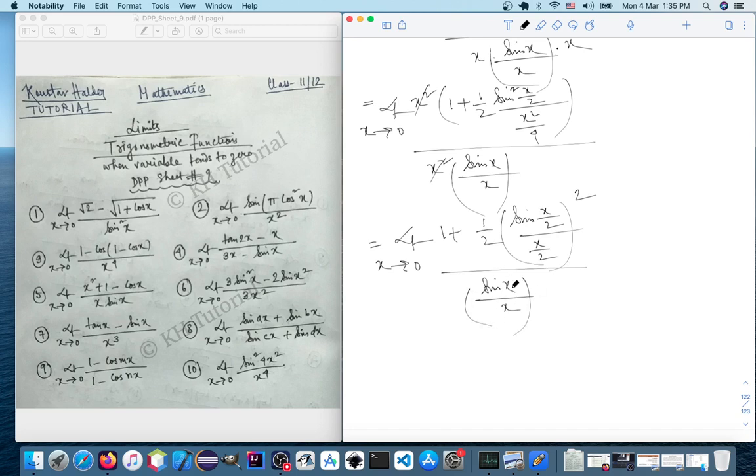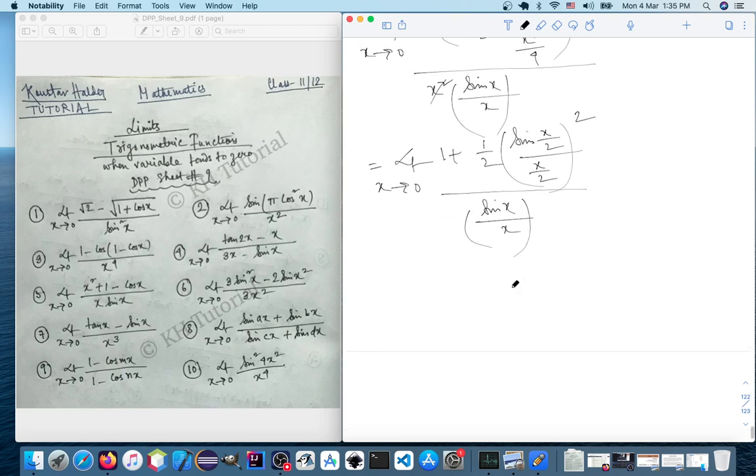Now we can apply the standard result. You should always remember that this general formula is always 1. Also, this is true for tan x. If x tends to 0, sin fx by fx is 1, and tan fx by fx is also 1.